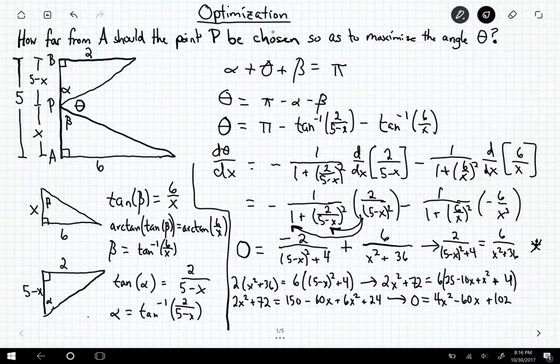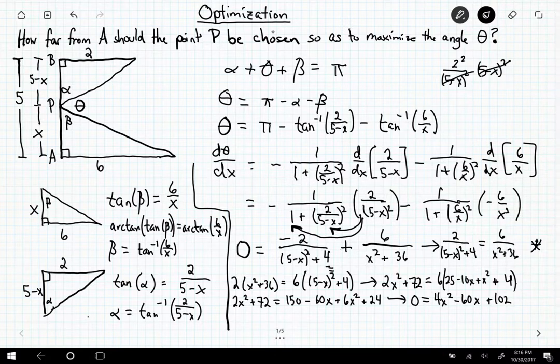I'll see if I can fit it here. So we have 2 over, for the second term, (5 minus x) squared, and we have a 2 squared, and then this is all times (5 minus x) squared. And so for the second term, notice this term and this term will cancel, and you're left with 2 squared, which is 4, and that's where this 4 comes from right there.